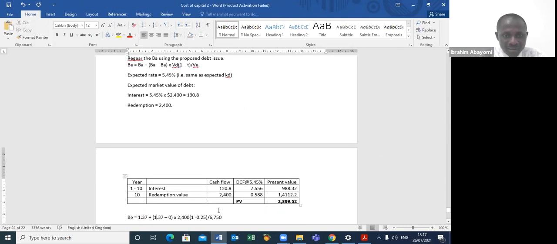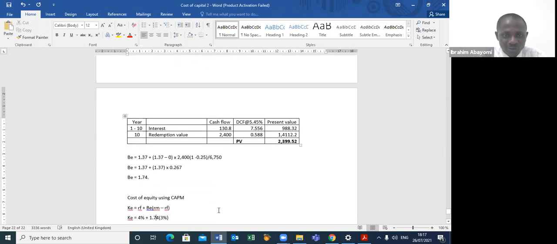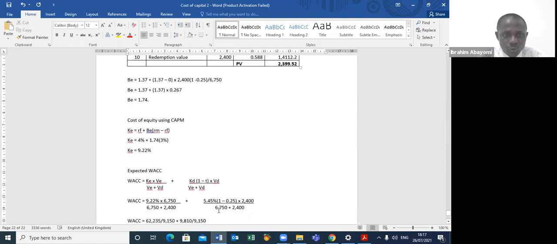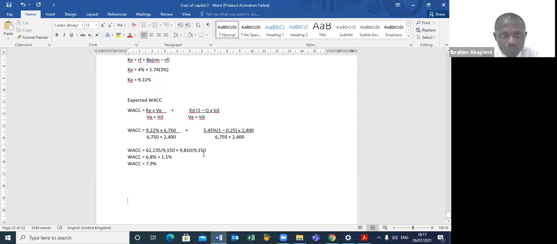So a small change in WACC, due to a small change in the cost of equity. So that is that about requirement B.